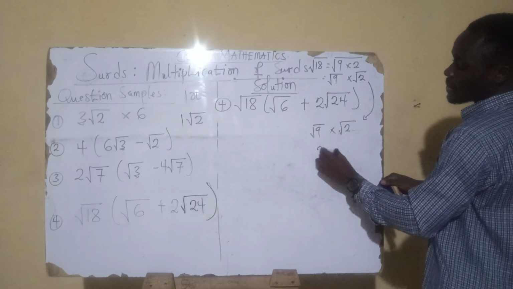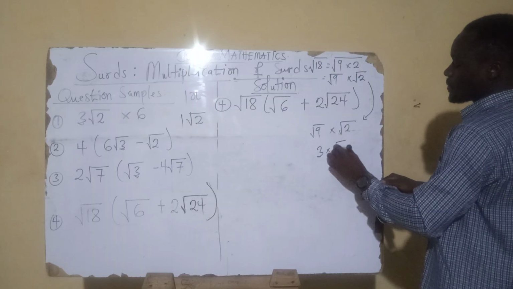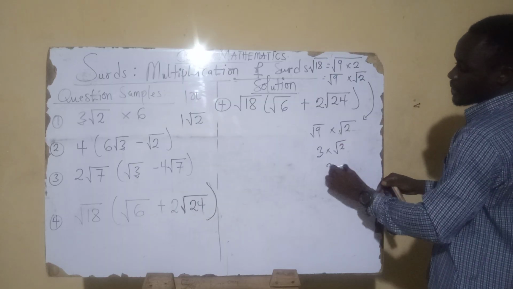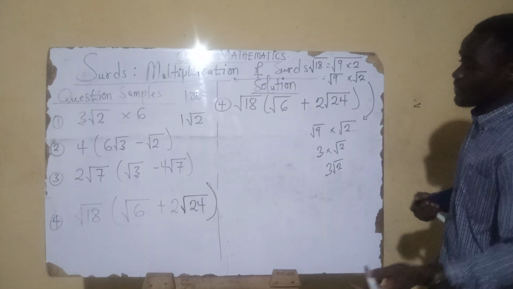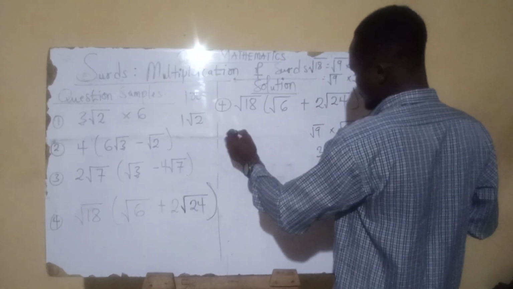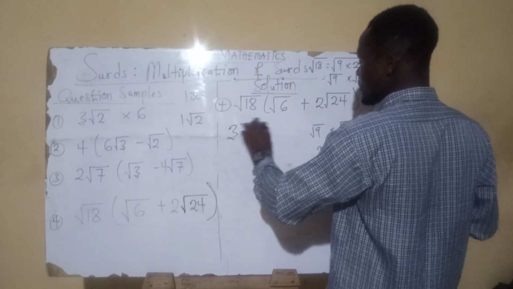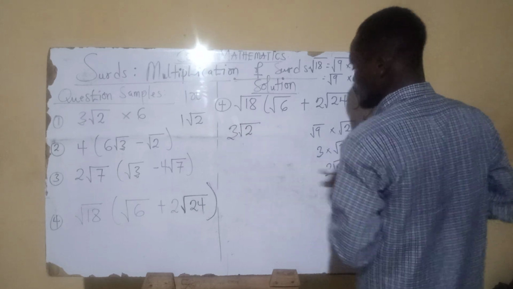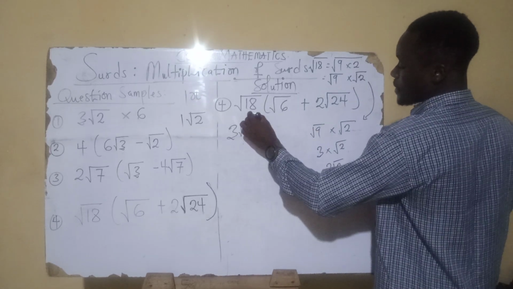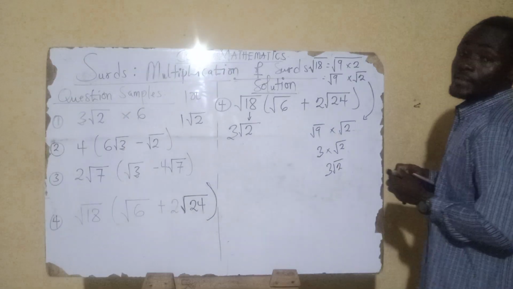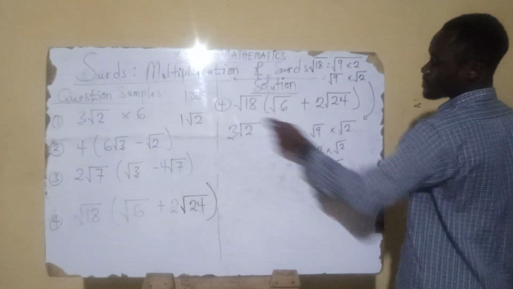Root 9 is given as 3 multiplying root of 2, where we are going to get 3 root 2. You remember this? We did it previously. So here we are getting 3 root of 2. Okay, that is the 18 that we have over there. Okay, very good.